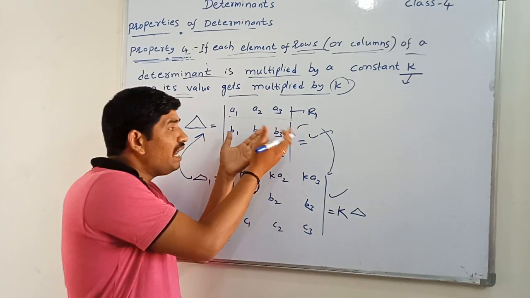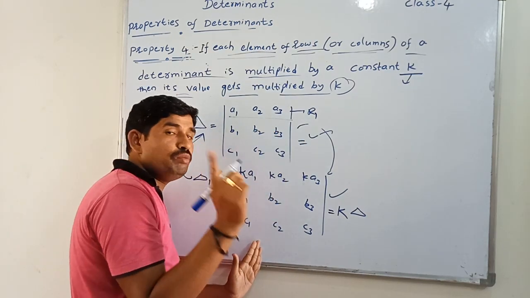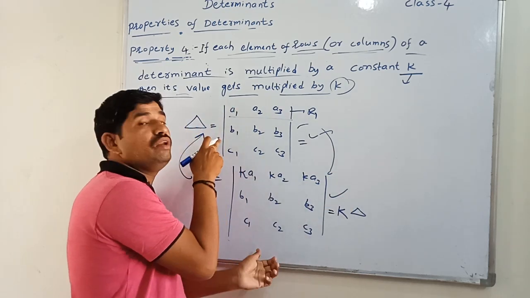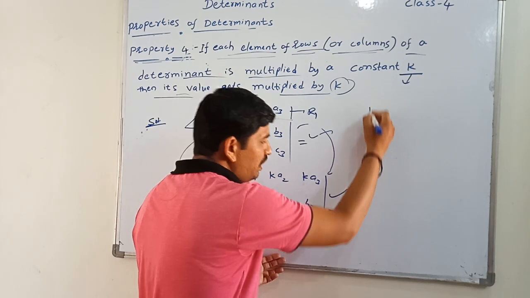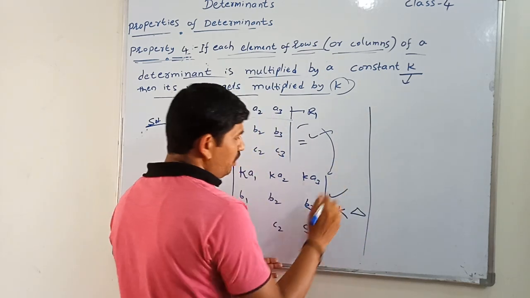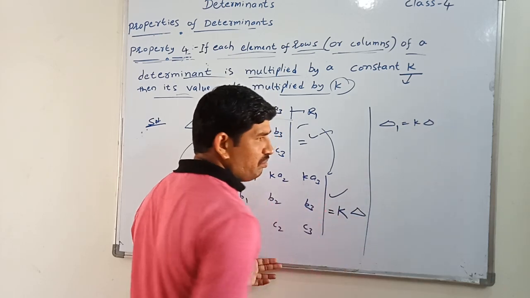So whatever answer we get from delta 1 should be k into the value of the determinant delta. So we can write delta 1 is equal to k into delta, remember.